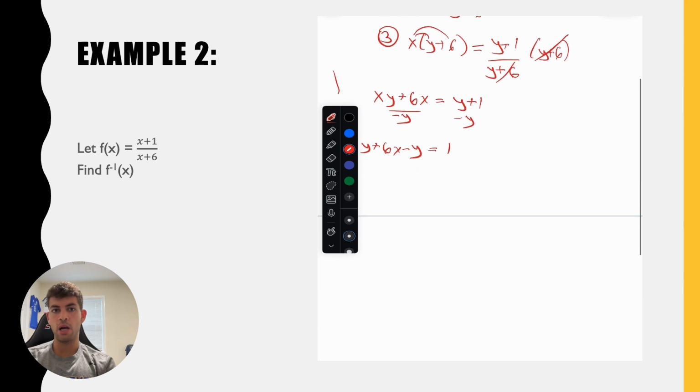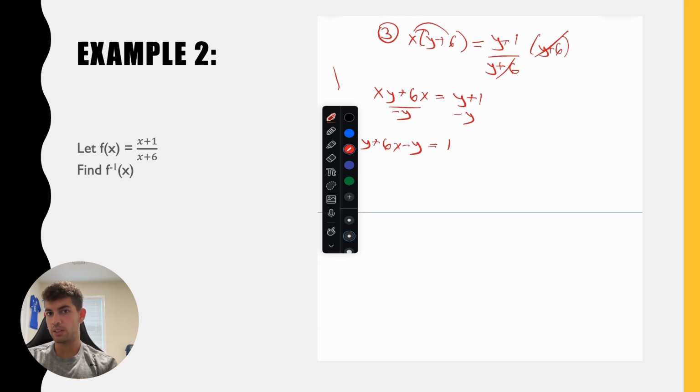Then I will subtract 6x from both sides to leave the left side of the equation with y's only, to get xy minus y equals 1 minus 6x.